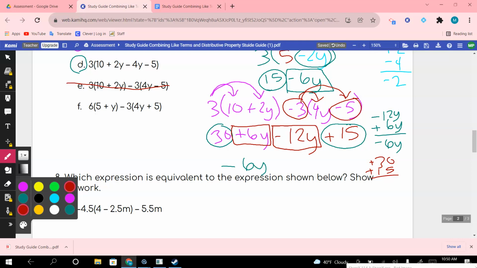And then the last one, we cannot do what's inside of the parentheses, so the only thing we can do is distribute. 6 times 5 is 30. 6 times y is 6y.